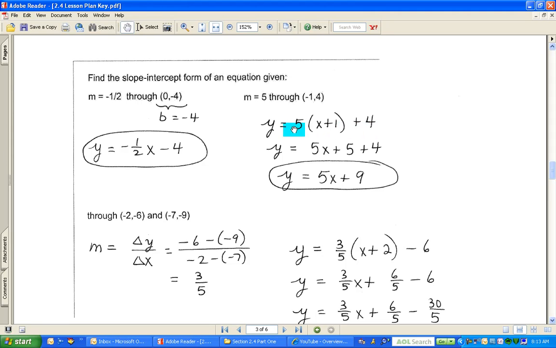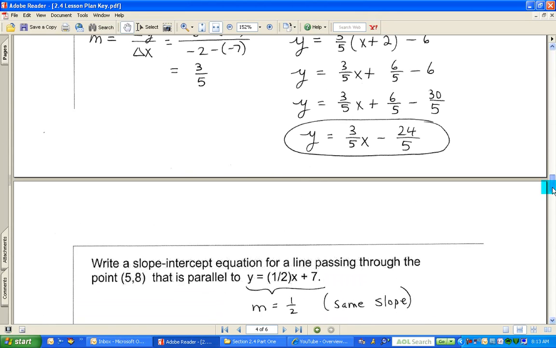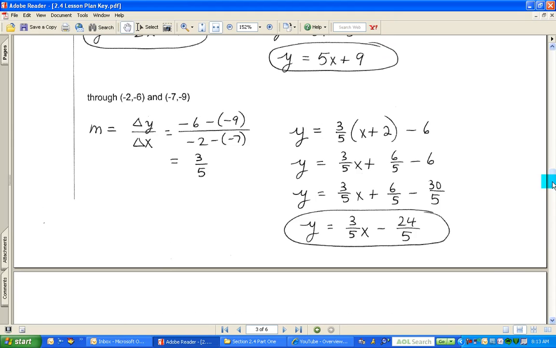Now the reason we can't stop here is this form is point slope form. We need to distribute, which turns into 5x plus 5 plus 4. Therefore, y equals 5x plus 9. So we used the point slope form to get to the slope intercept form. And I'm going to do the same thing on this problem.